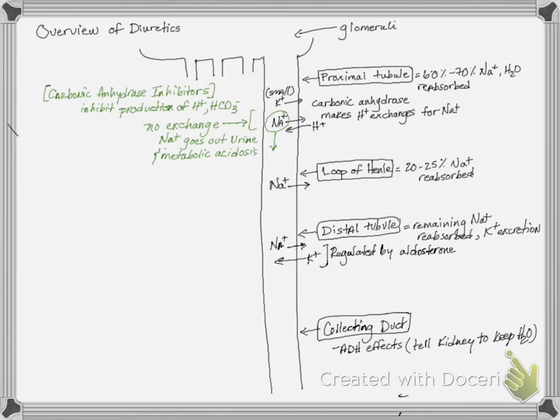Our next one that we are going to talk about is the loop diuretics. We're going to do blue for these. So these are going to block reabsorption of sodium.